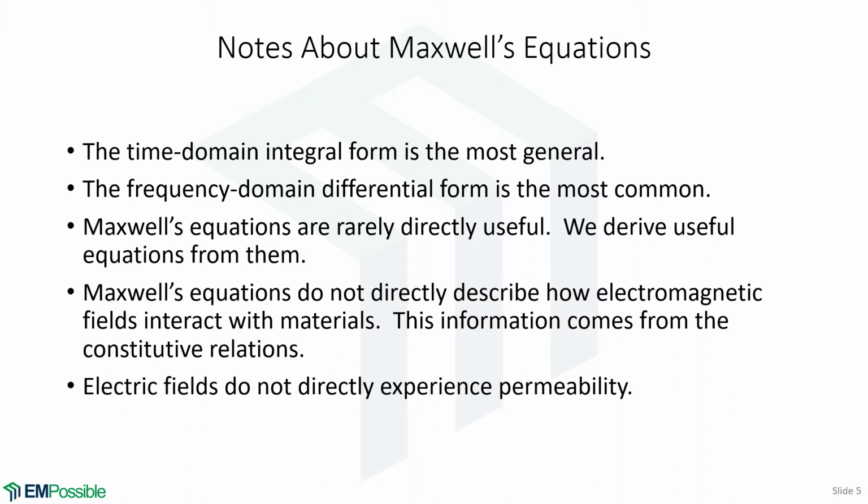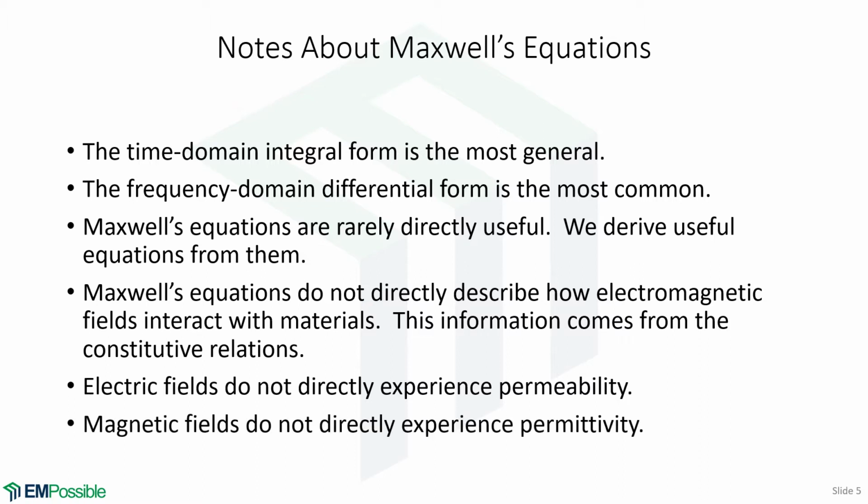The electric fields will only experience permeability indirectly through their coupling to the magnetic fields. Likewise, magnetic fields don't directly experience permittivity. The magnetic fields only indirectly feel that through the coupling to the electric fields.